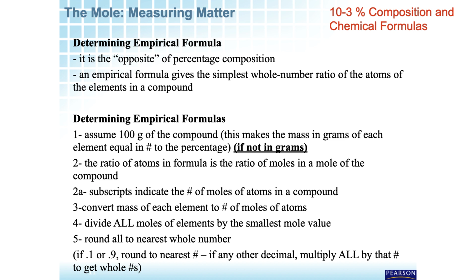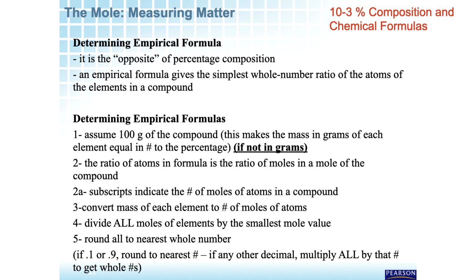If you're given percents, we're going to use those percents and assume we have 100 grams of the compound, which then makes the mass in grams equal to the number of the percent. Then the ratio of atoms in the formula is the ratio of moles in a mole of the compound.